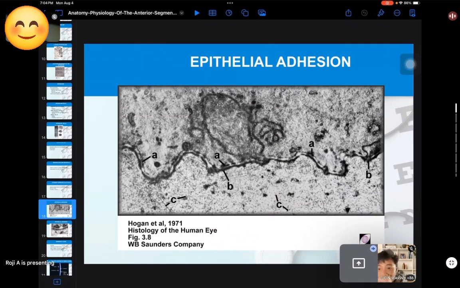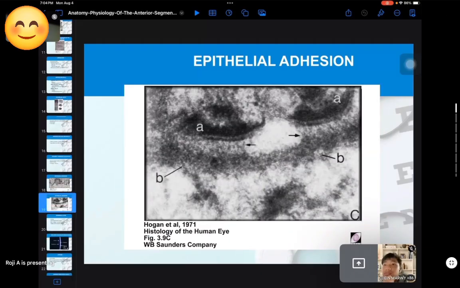The anterior epithelium is not separated from the Bowman's membrane because there's adhesion. Like when you use adhesive like Mighty Bond, Ultra Glue, whatnot, right?